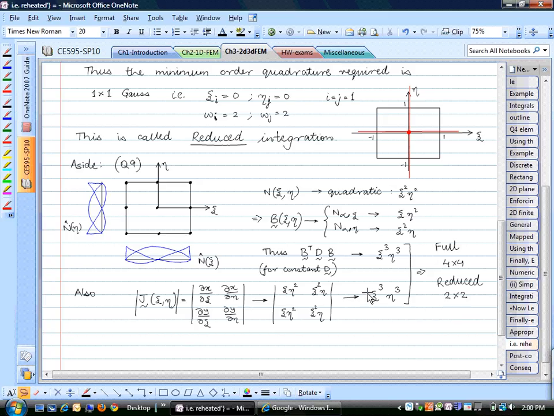So if I choose 4 points, what is the order of polynomial that I can integrate? 7. That means that I can also integrate 6th order, this polynomial, right? So that's how I get 4 cross 4. And for the 2 cross 2, we are just integrating this. We are not worried about this. Okay? All right. Any other questions?